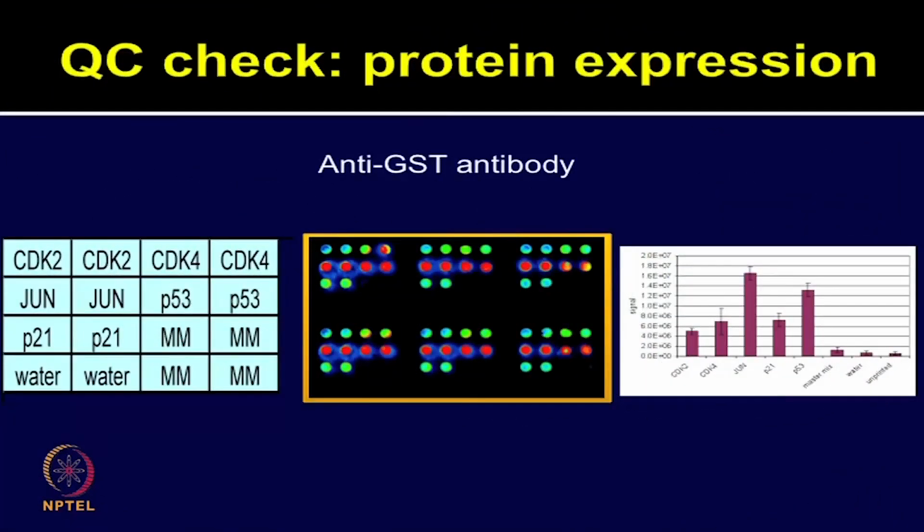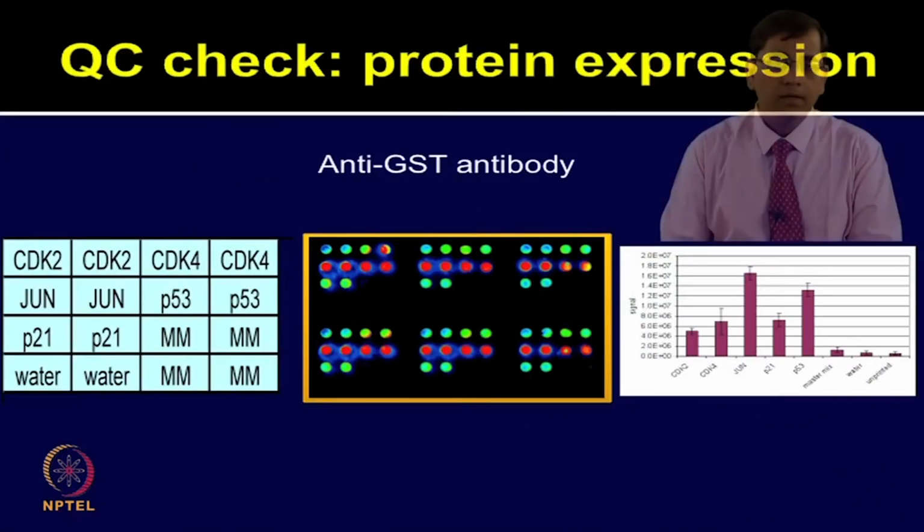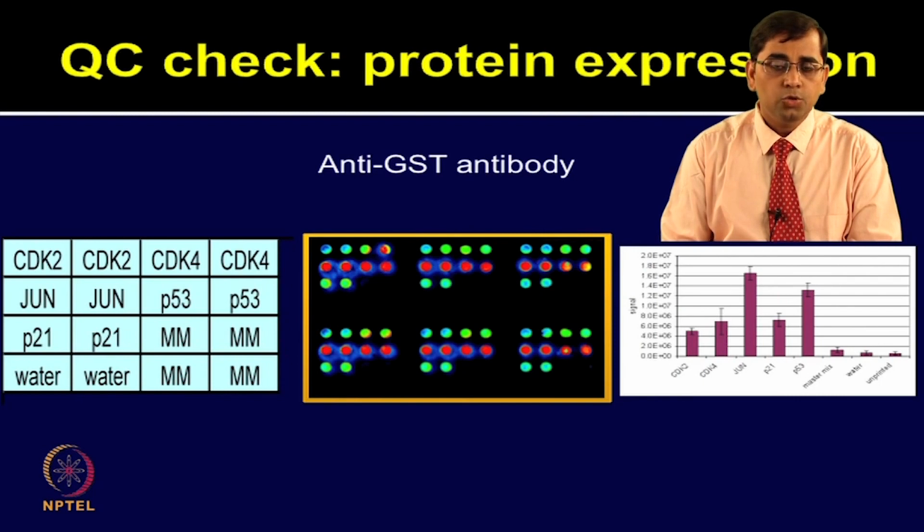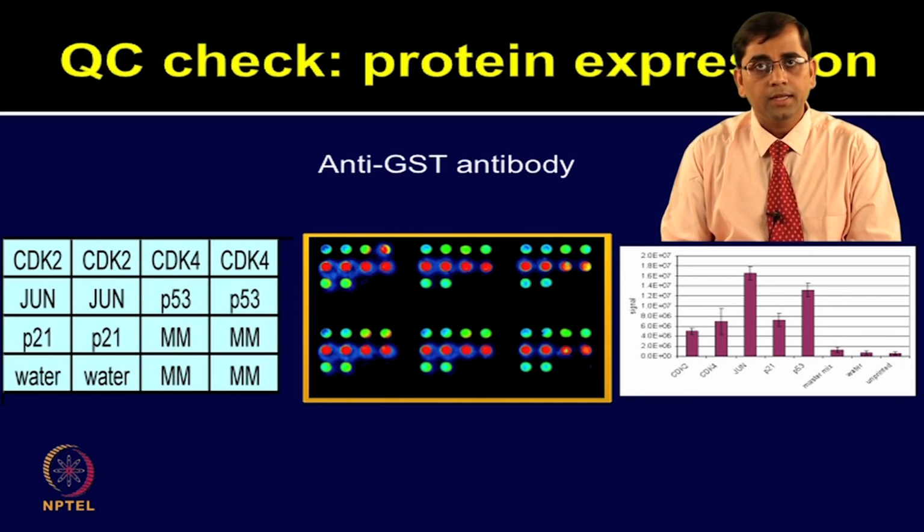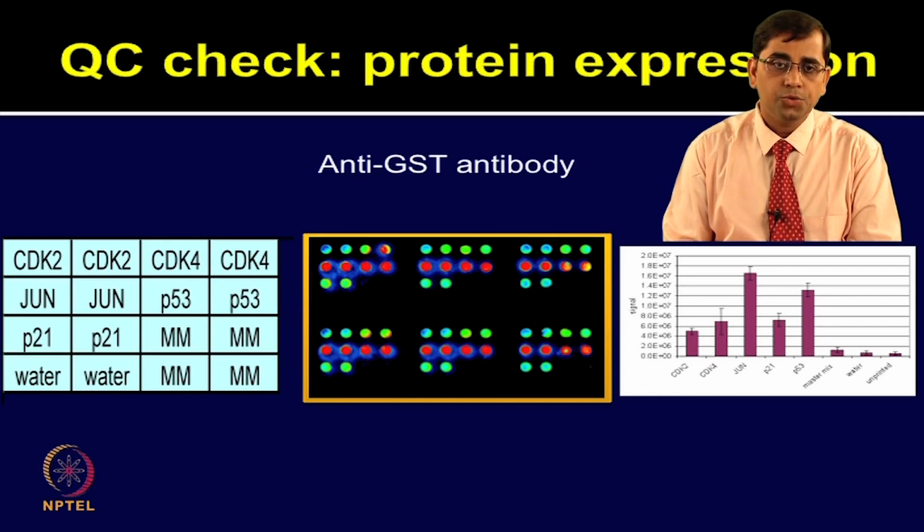Here is a proof of concept, a small array. These proteins need to be QC'd here. One could use the anti-GST antibody, and now you can see that only 5 proteins in duplicates are expressed, whereas master mix and water are blank, and the same can be plotted on the graph which is shown on the right hand side.